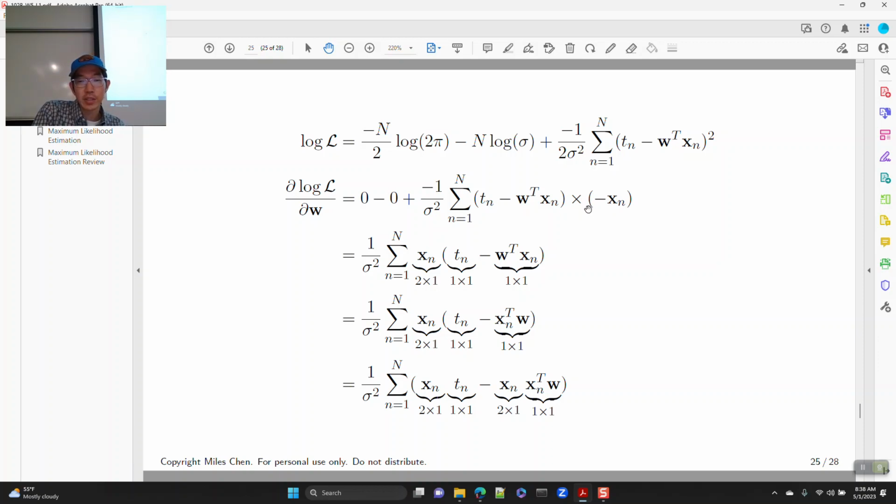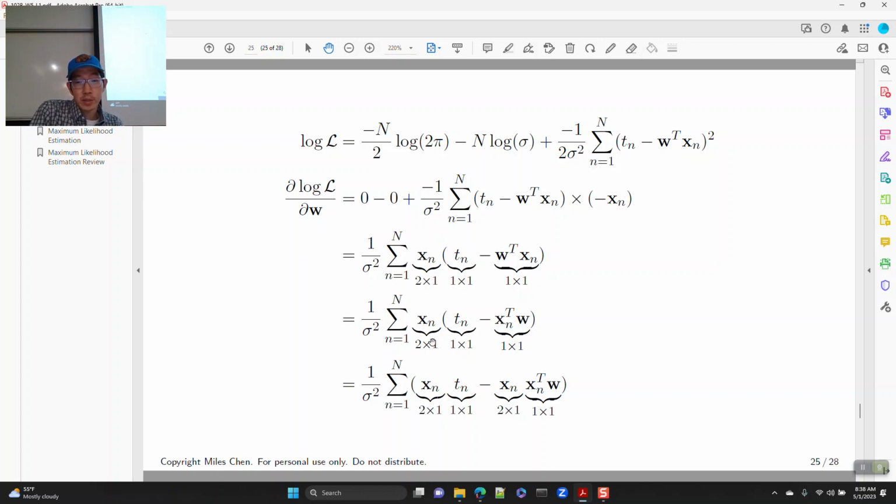In order for the dimensions to align properly, we have the x sub n out here, and x sub n is 2 by 1, and then t sub n, for each observation n, is just a single value, not a constant. And then w transpose x_n is also a single value, because we want the derivative with respect to w to be 2 by 1.